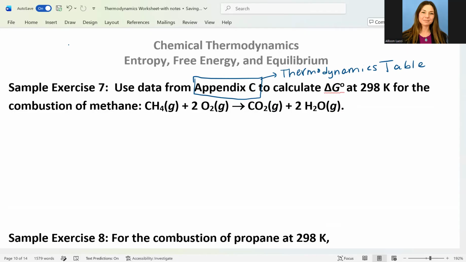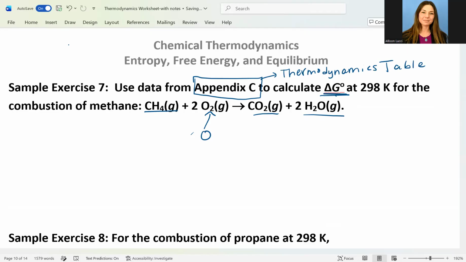You could get these delta G's for methane gas, CO2 gas, and H2O gas. And as I pointed out above, you may not find O2 gas because that is in its elemental state, and we assume that to be 0. So let me give us some values here from that table, or from any thermodynamic table.